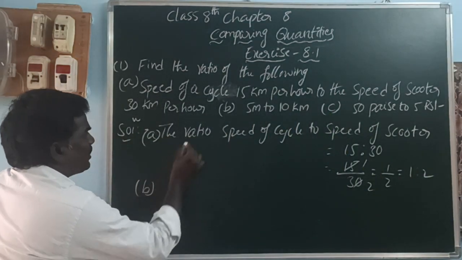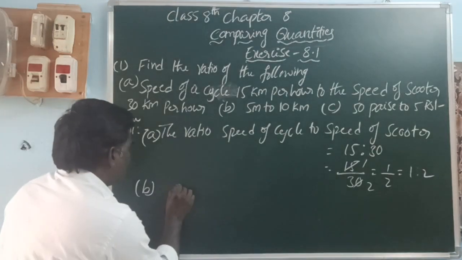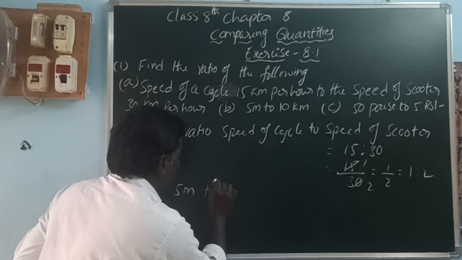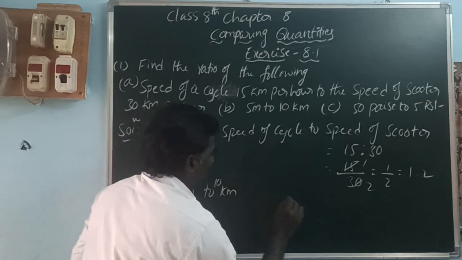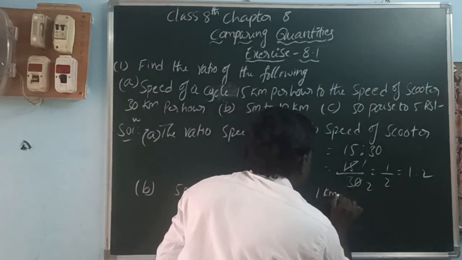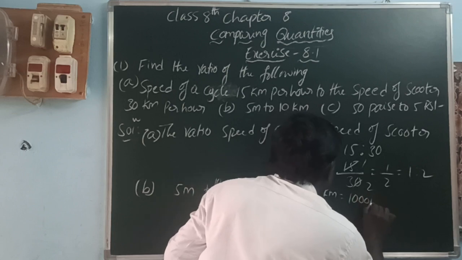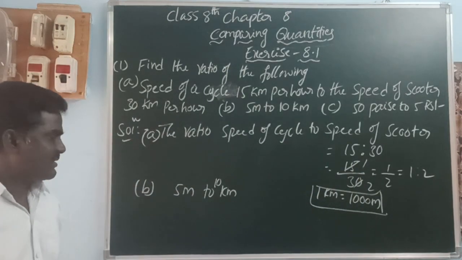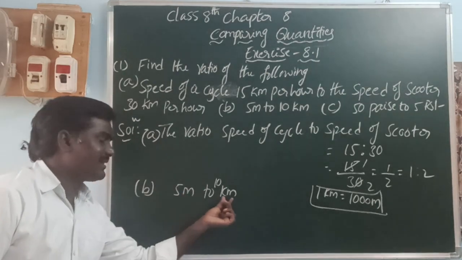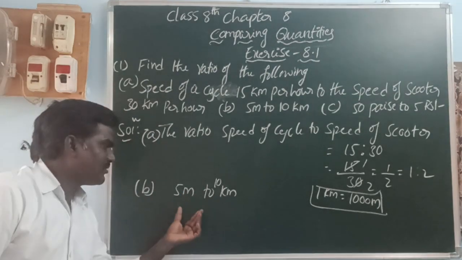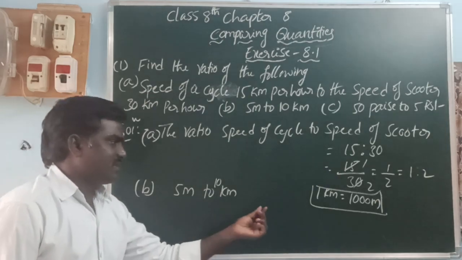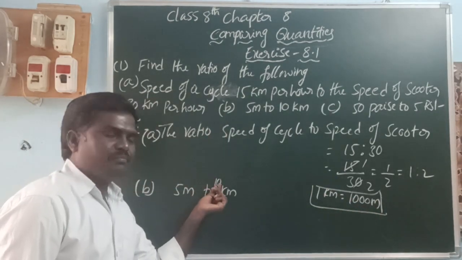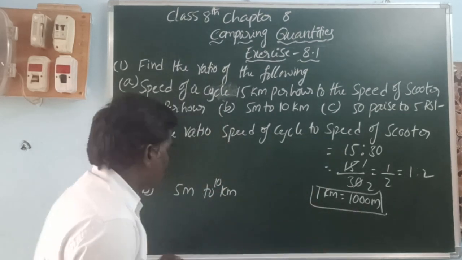Second one, 5 meters to 10 kilometers. We know that 1 kilometer is equal to 1000 meters. Here the units are different, meters and kilometers, so we change them to the same unit. 1 kilometer is 1000 meters, so 10 kilometers is 10,000 meters.